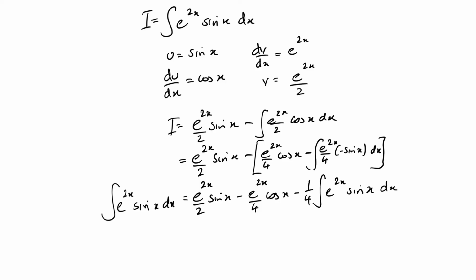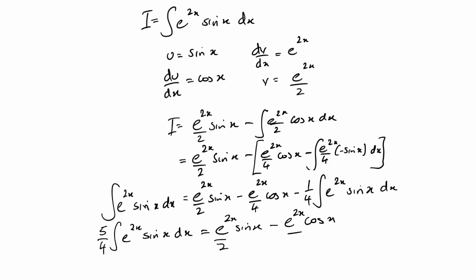Now add a quarter of that to this side, and what I get is 5 over 4 integral e to the 2x sine x dx equals e to the 2x sine x, and that one's over 2, and e to the 2x cos x, and this one's over 4.